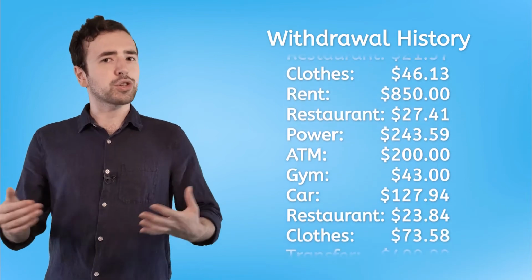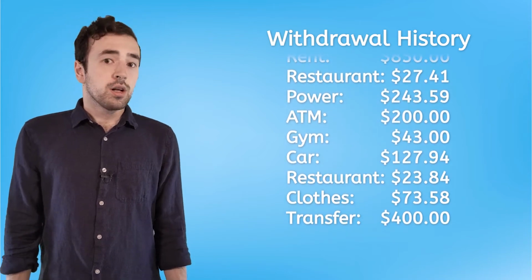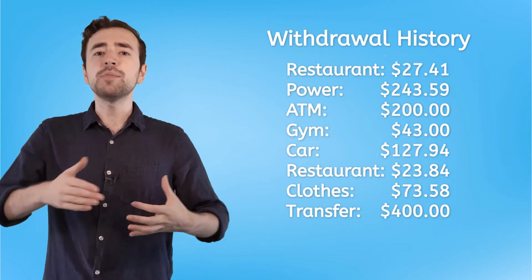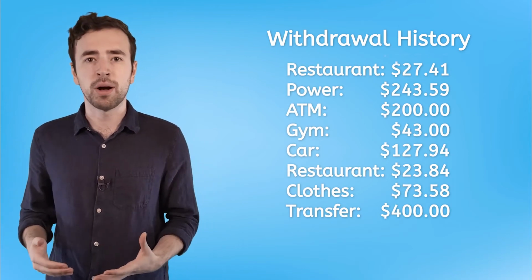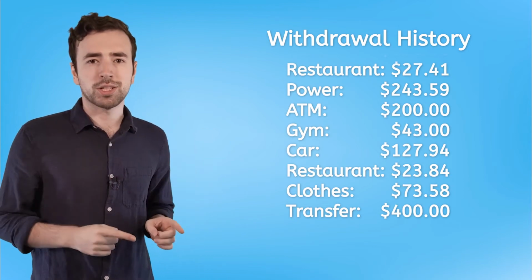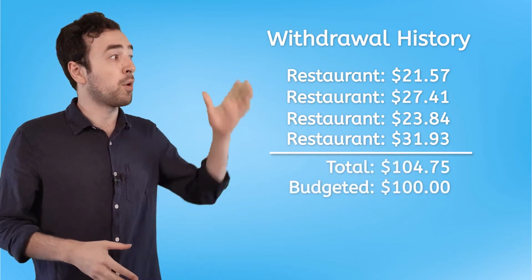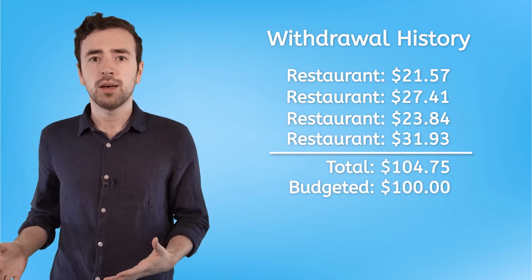If you enjoy shopping and eating out, your withdrawal list may look a little long. If you're the kind of person who has trouble keeping track of all their expenses as you're spending them throughout the course of a month, using the withdrawal history could be a good fallback option. It's a detailed list of what you're spending on to make sure that you're not spending too much.